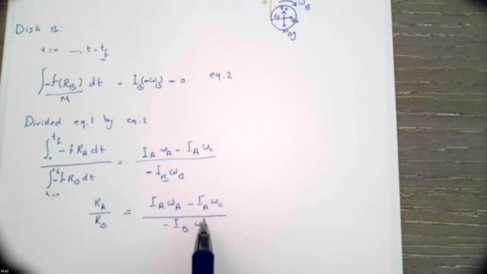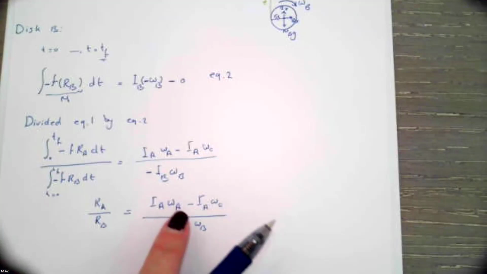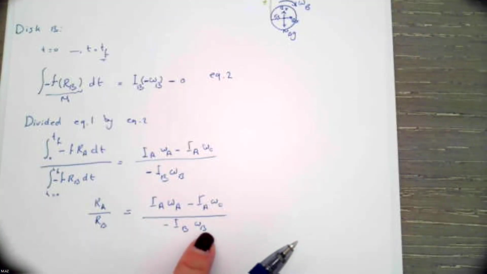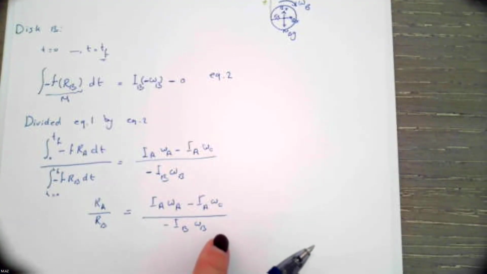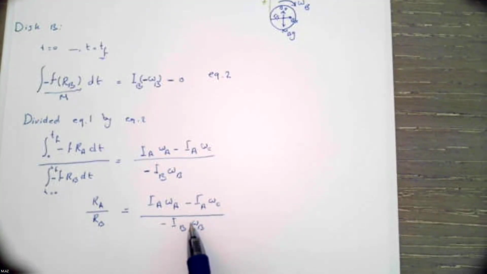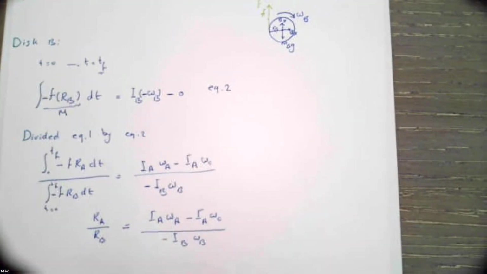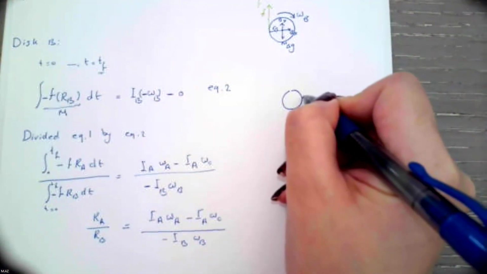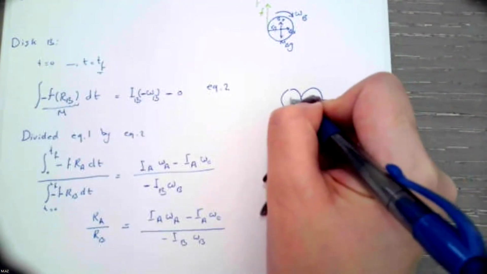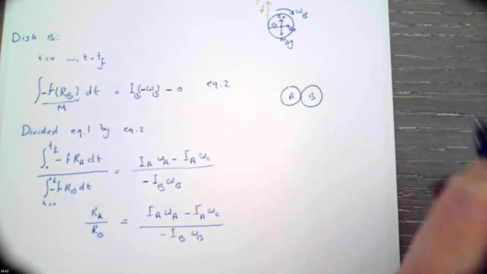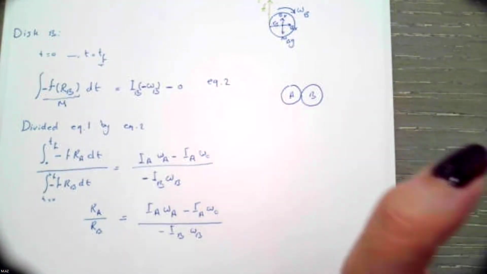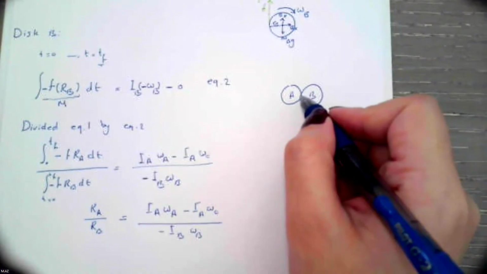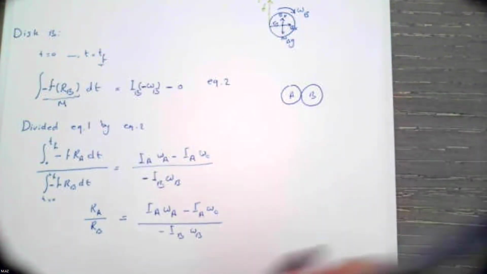As you can see, now we have one equation with two unknowns. Omega A and omega B are unknown values. We need one more equation so the problem becomes determinate. Based on the information of the problem, after the contact, disk A and disk B settle, and there is no vibration and slip between these two disks.